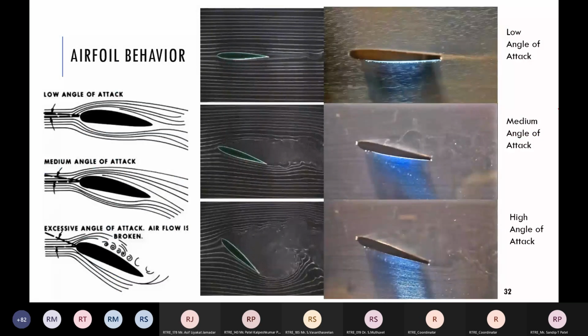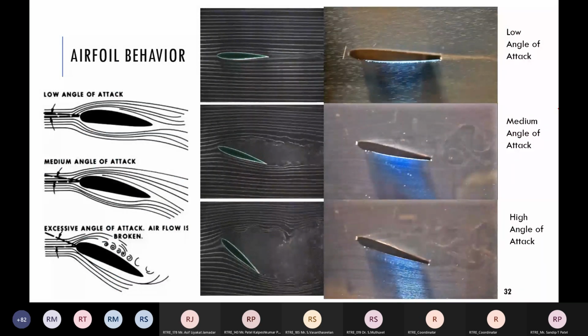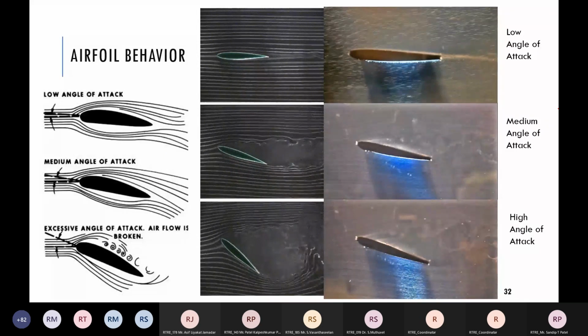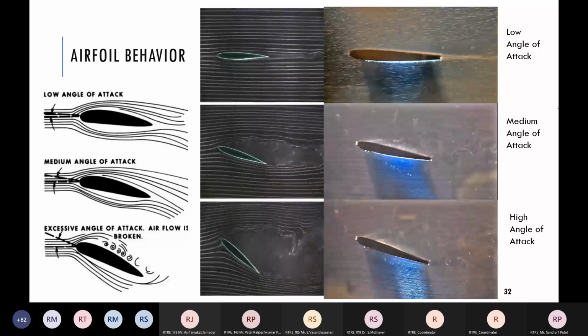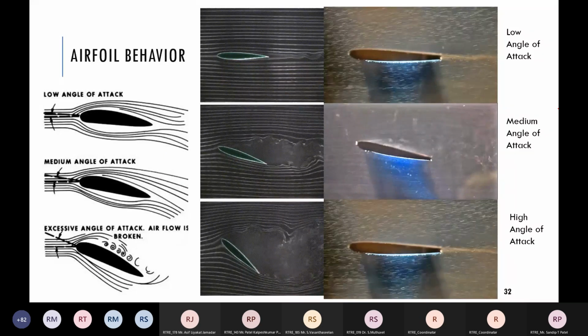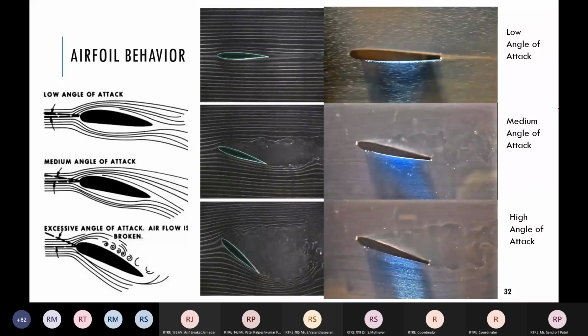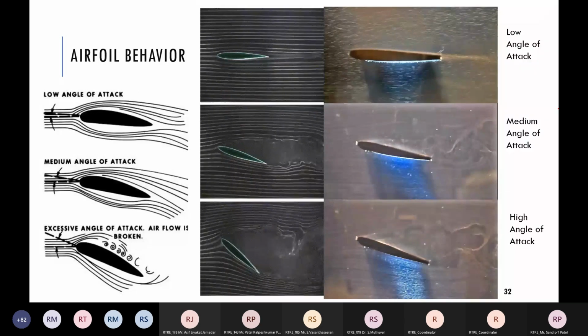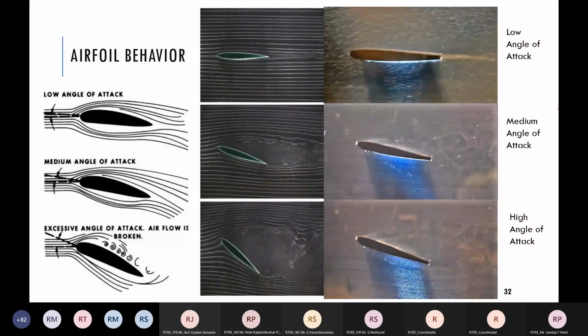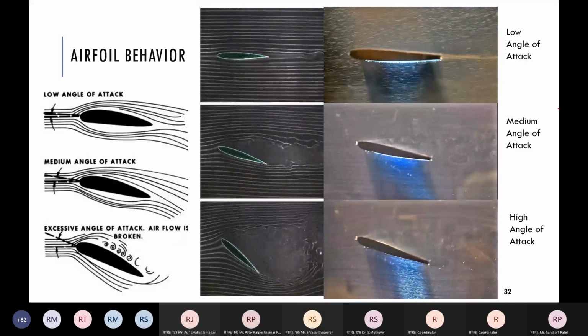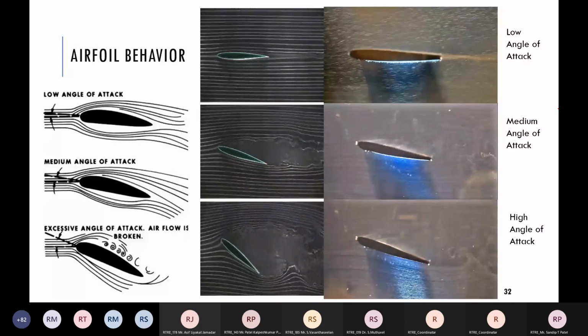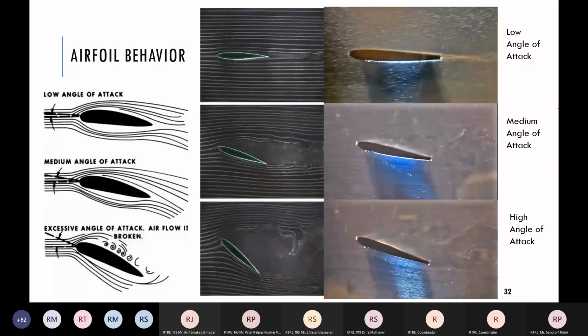Okay, so with angle of attack. Now, what is the angle of attack? This is the relative angle between the chord line and the direction of relative wind. So with change in angle of attack, what happens? This is depicted over here.